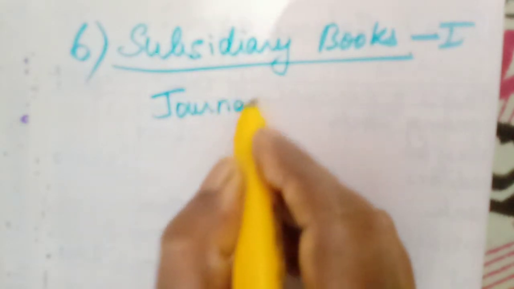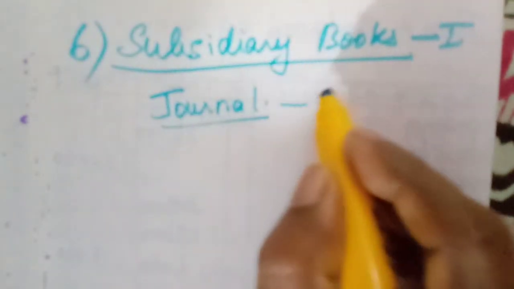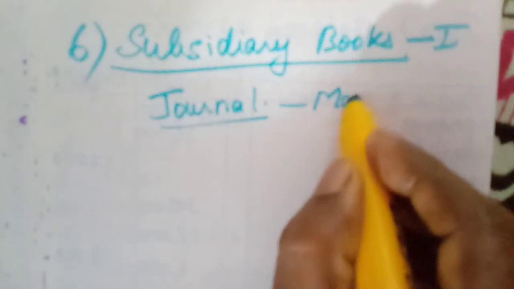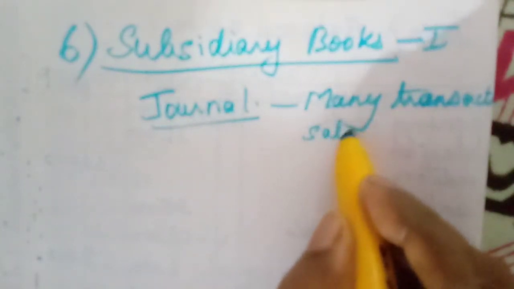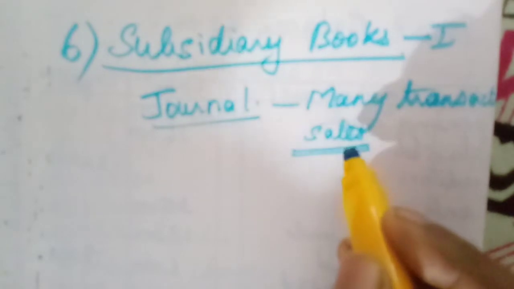In some business concerns, they will have many transactions of the same nature. For example, sales. They may have many customers to sell to. For each and every customer, if they write a journal entry, what will happen?